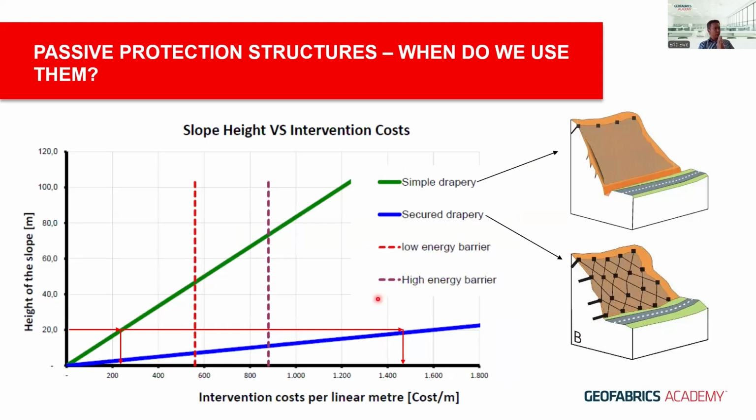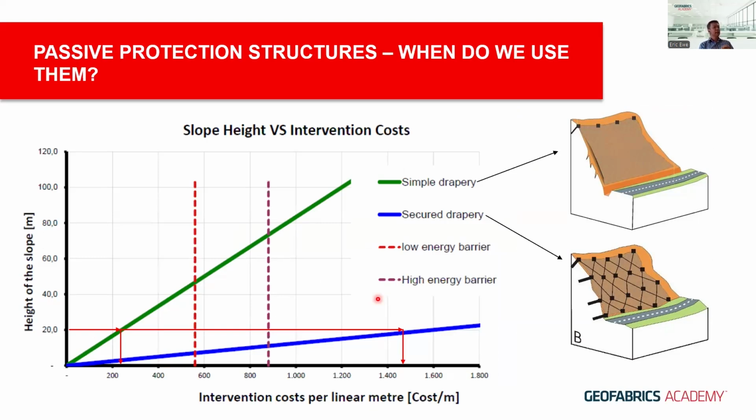Okay, we're moving on to passive protection structures. So I think the question is, when do we use passive protection structures? And I mentioned earlier on, it is usually used and considered when the problem becomes larger.